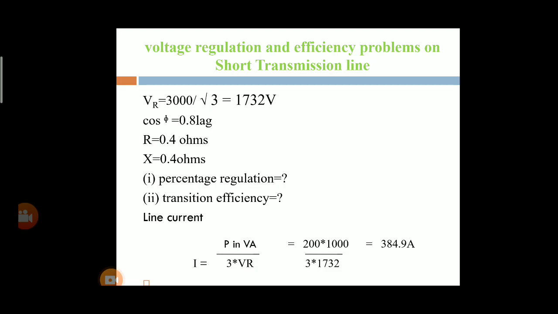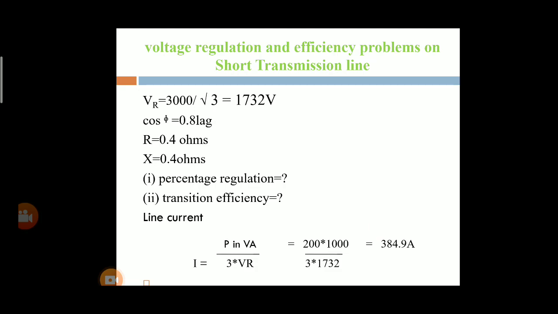Then the power in VA is 200 into 1000 by 3 into V into R, where V is 1732 V, the receiving end voltage. Calculating these values, the receiving end current is 384.9 amperes.